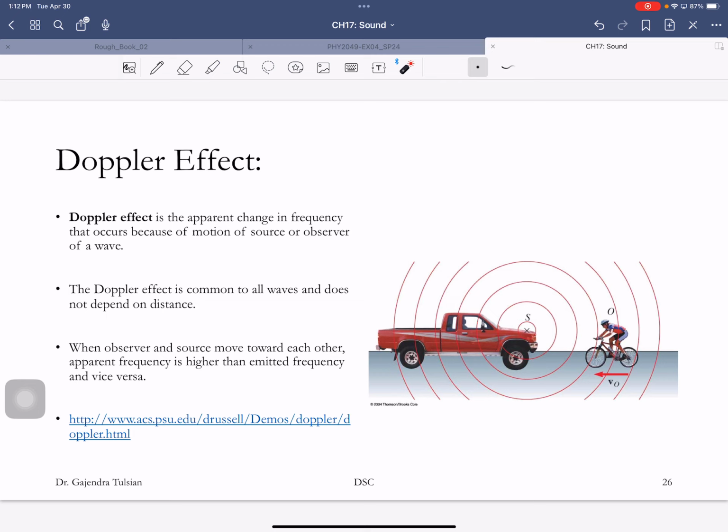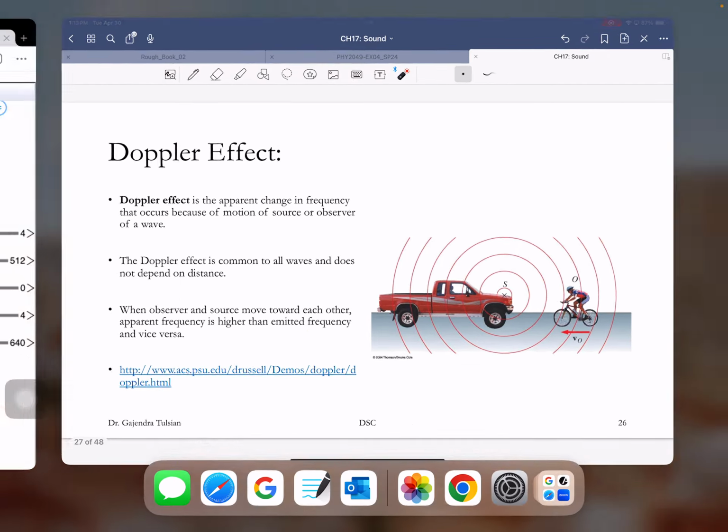Any relative motion. Okay? So if you have relative motion, if you're moving towards the source, you will hear a higher frequency than what's produced. If you move away from the source, you will hear a lower frequency than is produced. And that's the Doppler effect.